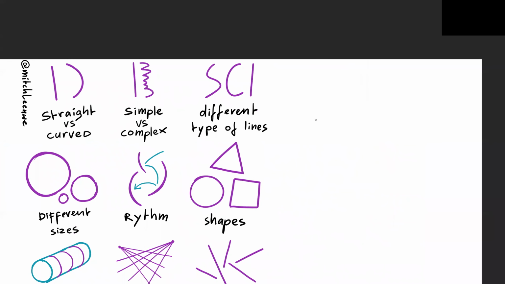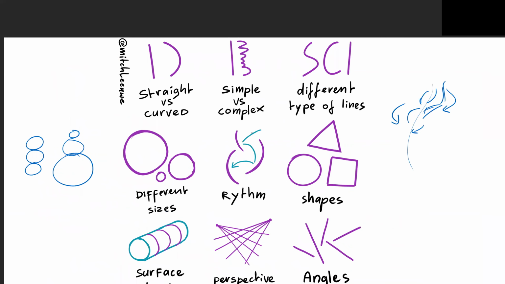So when you're drawing a figure, so you're using an action line, then you're also trying to get this kind of, it's a bit hard to really show this quickly, but get this rhythm in it. So what I'm showing here is that if you have these lines of a character and you have a ping pong ball and you throw it in, then it bounces in the body in a fluid way.